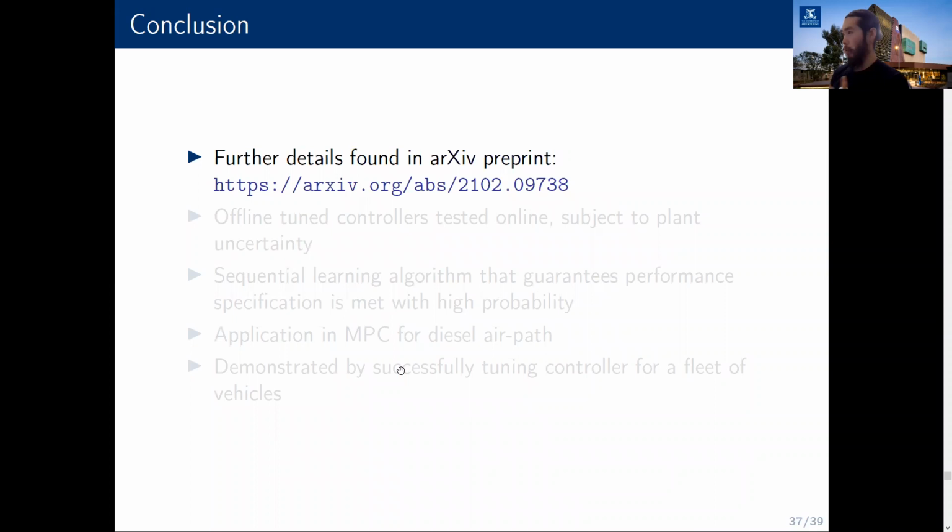So now just to summarize, if you're interested in further details, you can find the preprint on arXiv, but what this presentation today mainly considered was the offline tuning of controllers by simulation, and then being tested online subject to some plant uncertainty.